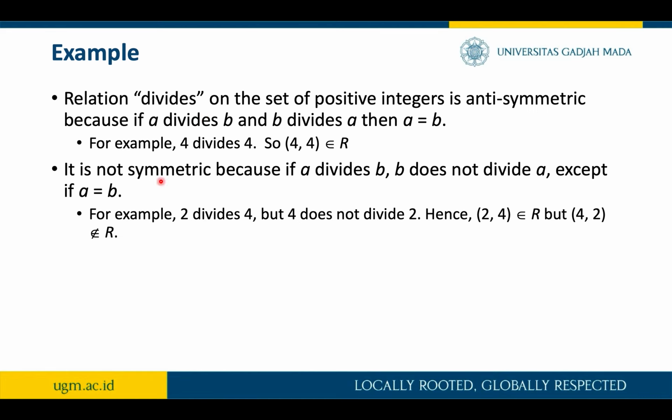It is not symmetric because if A divides B, B doesn't divide A, except if A equals B. For example, 2 divides 4, but 4 doesn't divide 2. So it's not symmetric, because for every (a,b) an element of R, (b,a) is not an element of R if a and b are different numbers.